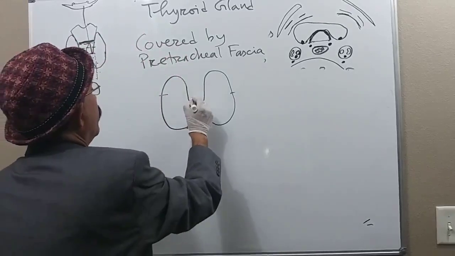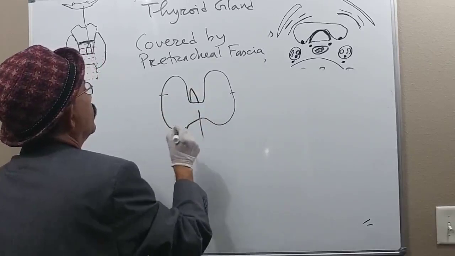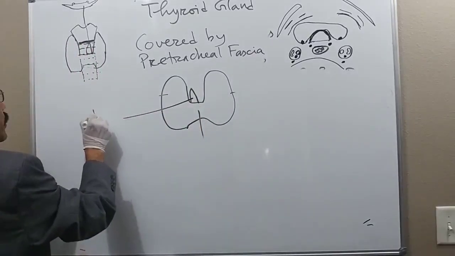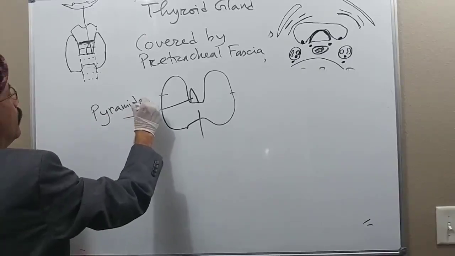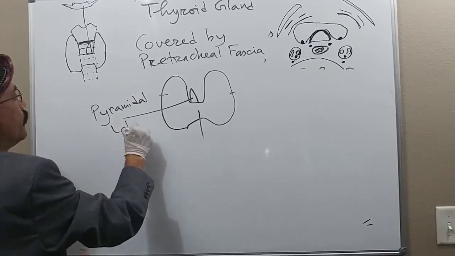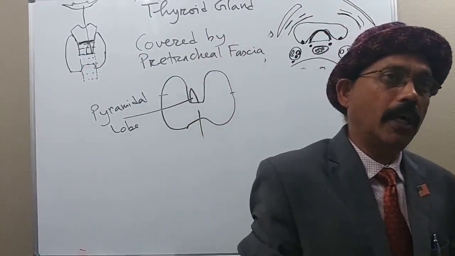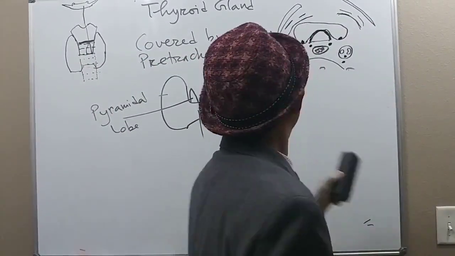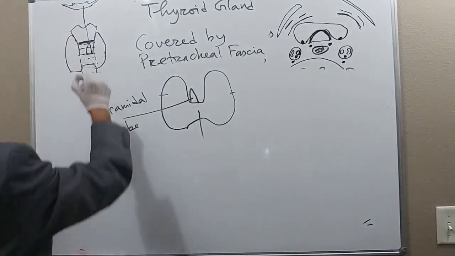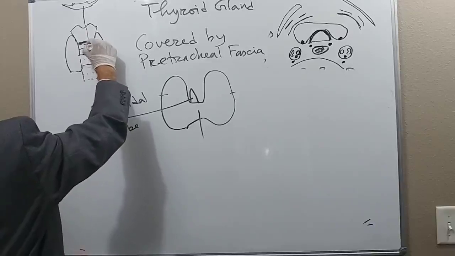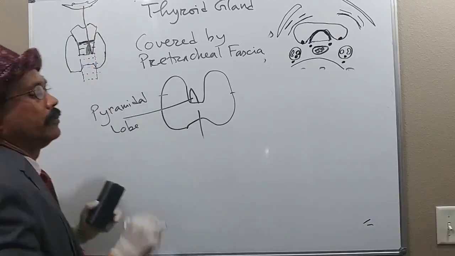Sometimes we may get one pyramidal lobe from the isthmus. That pyramidal lobe may be connected to the hyoid bone.